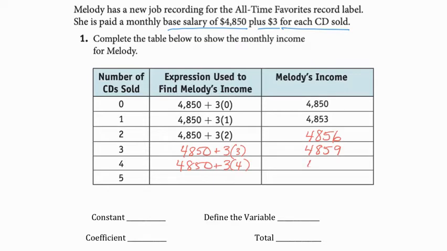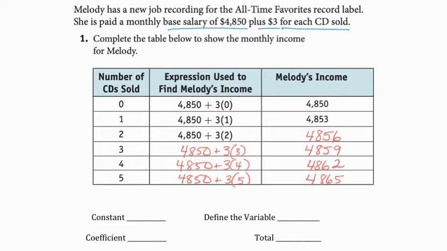That's $4,862 that she's making. And then last but not least, 5 CDs, so her $4,850 base salary that she gets no matter what, plus $3 for each of the 5 CDs that she sold. And that would be a total of $4,865.